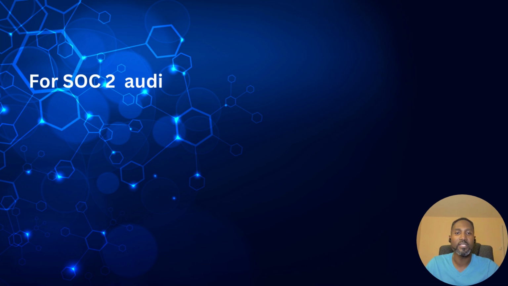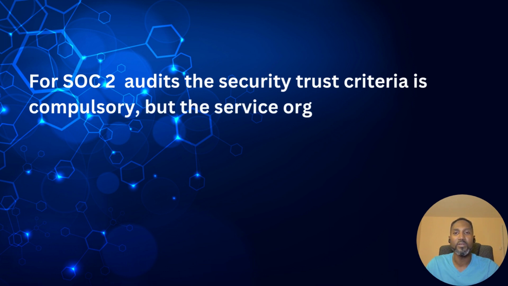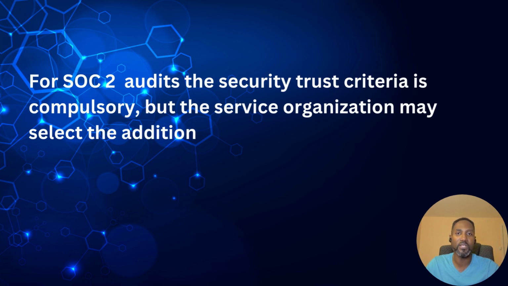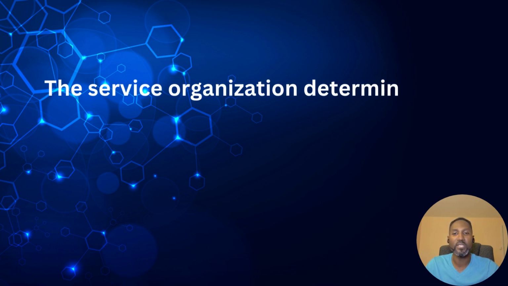For SOC 2 audits, the security trust criteria is compulsory, but the service organization may select additional criteria to report on. So there is no question as to whether you will have to do the security category. You just have to determine which other category is applicable to your organization. The service organization will determine which criteria to choose based on their commitments.